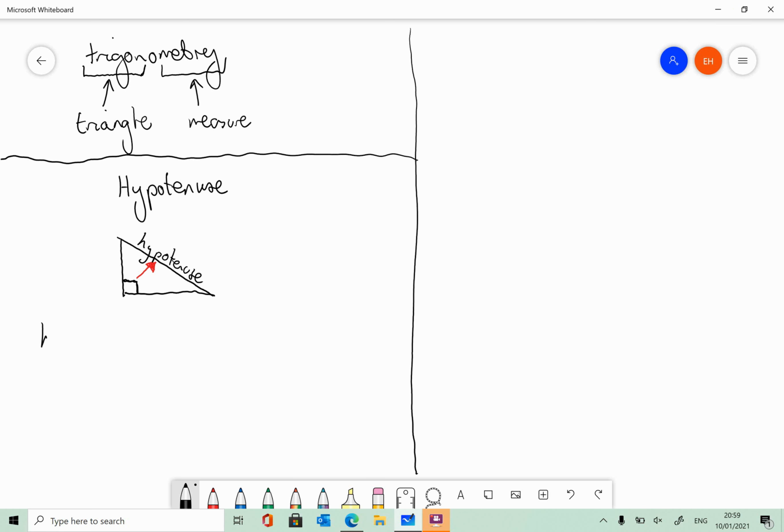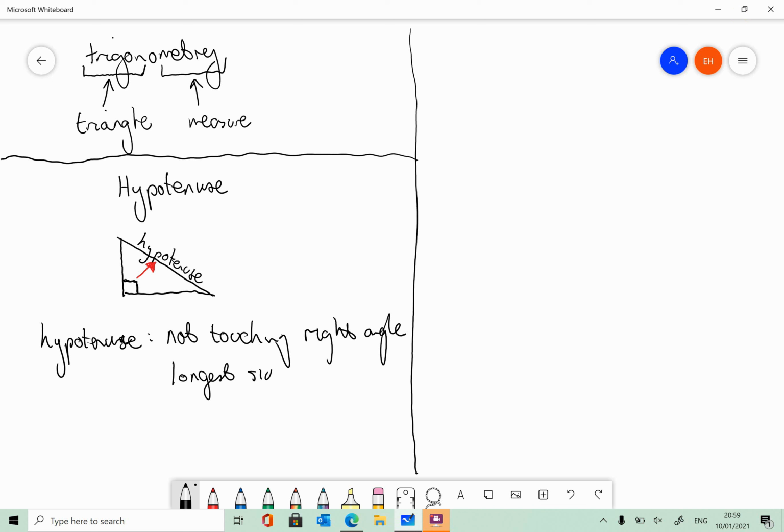So the hypotenuse, that says hypotenuse, by the way, okay, is not touching the right angle. What else is the hypotenuse not doing? The hypotenuse is the longest side, and it's opposite the right angle.